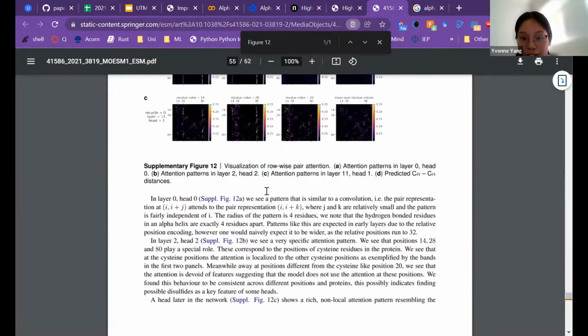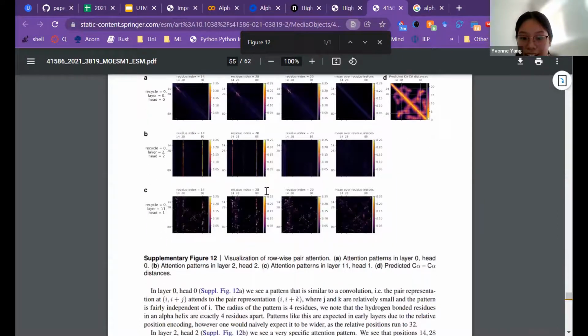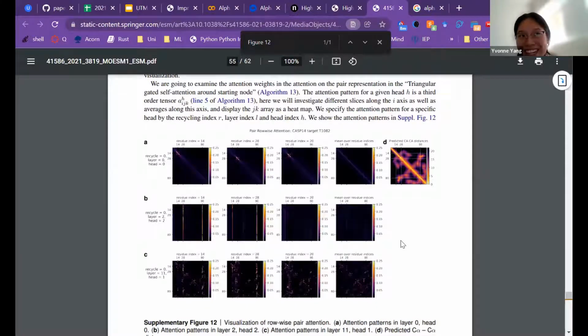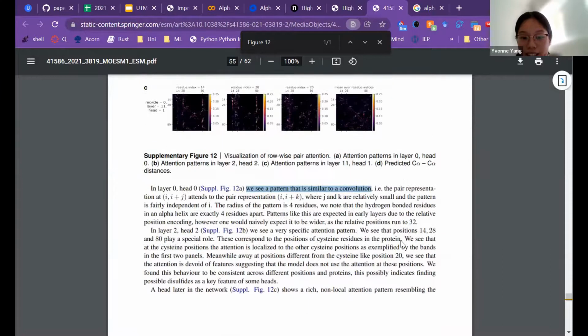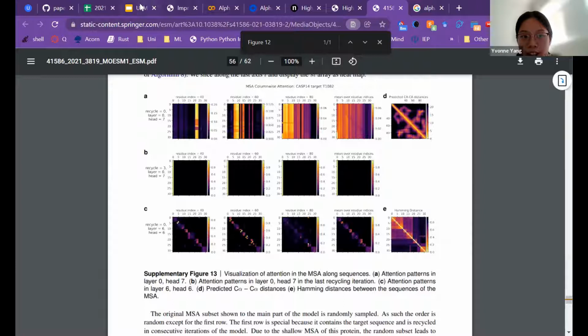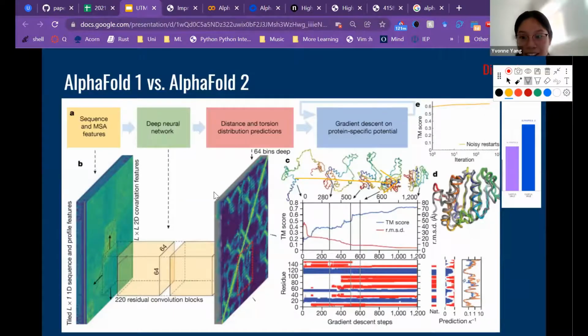And what they found was that, for example, in layer 0, we see a pattern that is similar to a convolution. So it is doing convolution inside an attention, a transformer model. And somehow it's also doing other things that are helping it. Yeah, I think that's all I have to say about this.